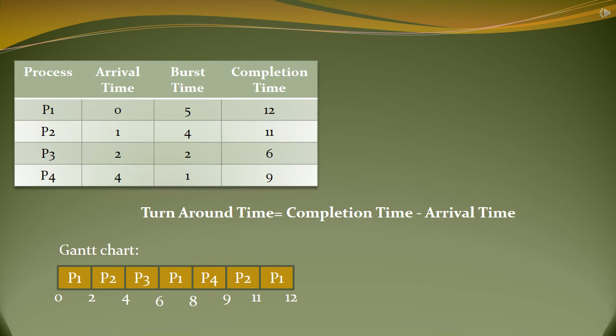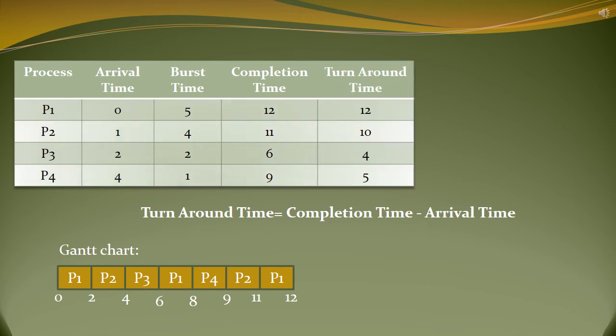To get the turnaround time, we will use the formula completion time minus arrival time. So the turnaround time for the process P1 will be completion time of P1, that is 12, minus arrival time of P1, that is 0, that is 12 minus 0 equal to 12.